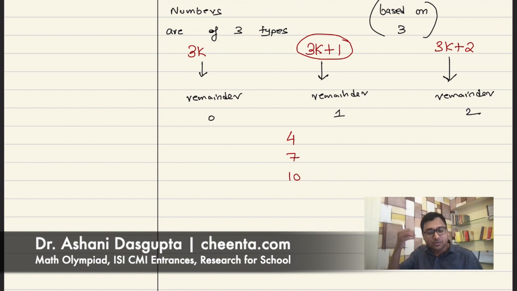Every number that gives remainder 1 when divided by 3 will follow that theorem, because I have proven it for all numbers of the form 3k plus 1. If you have seen this before, then this is of course very easy for you.